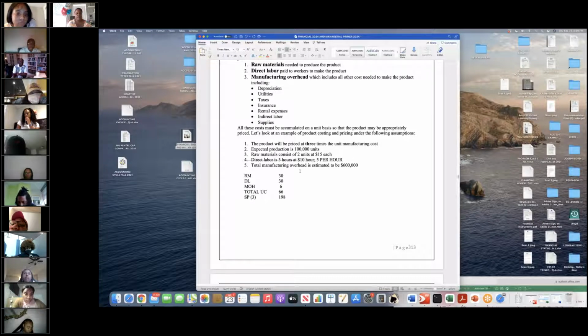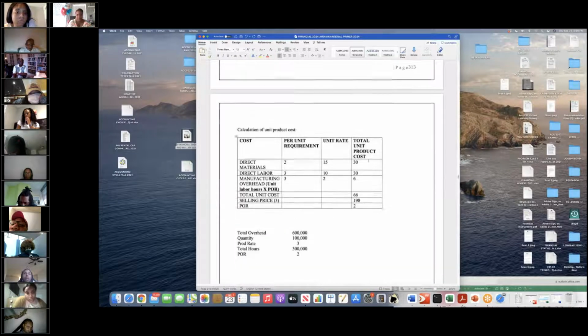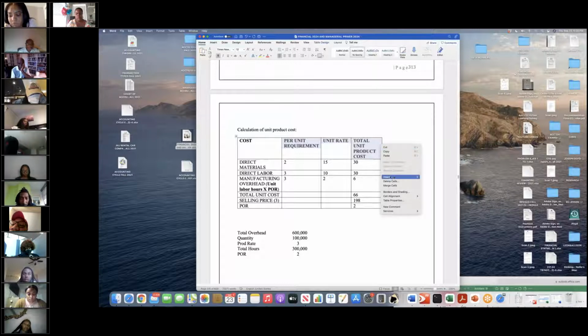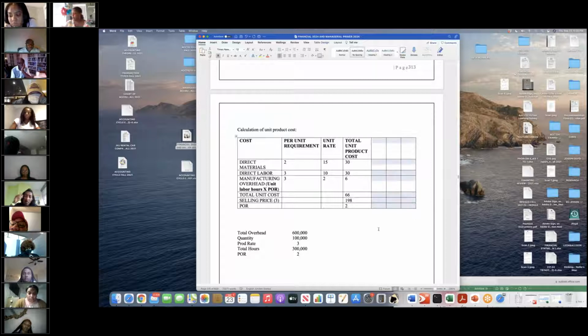So if we had that situation, how are things going to change? Let me see what I want to do here. So we're going to insert some columns to the right.